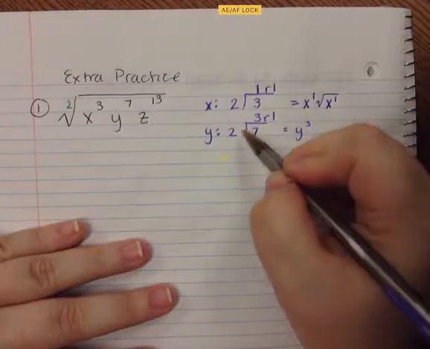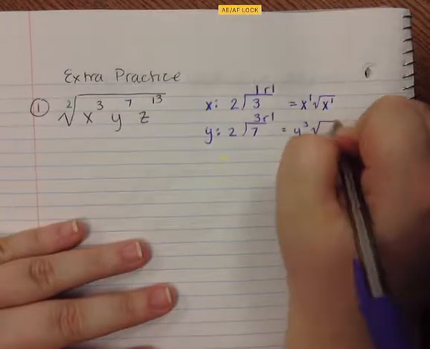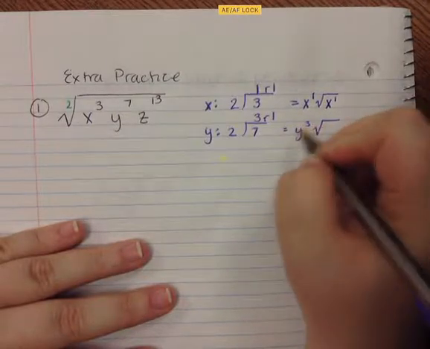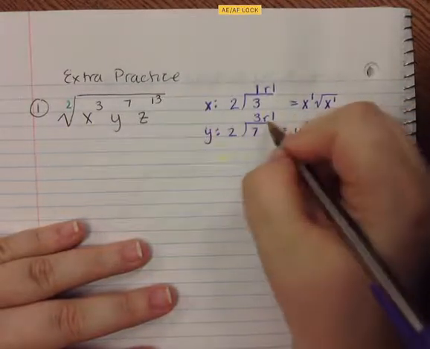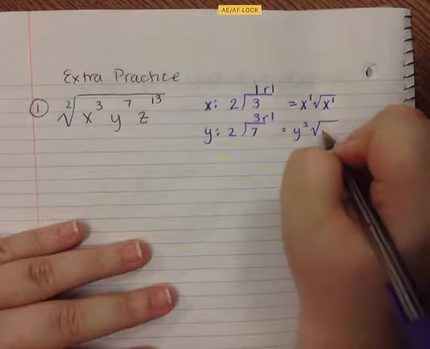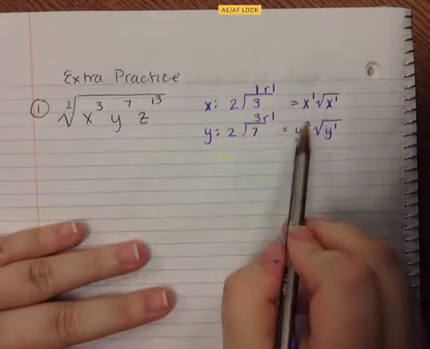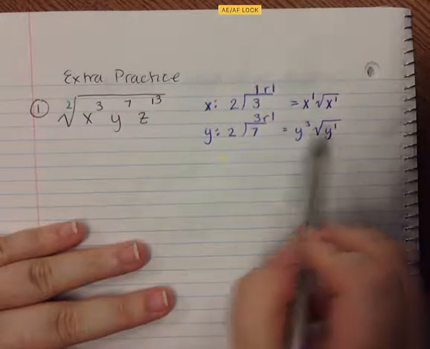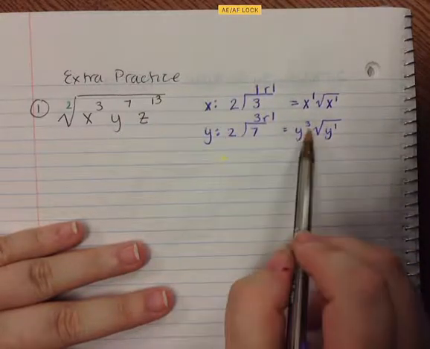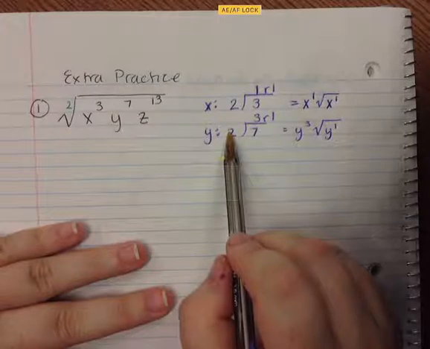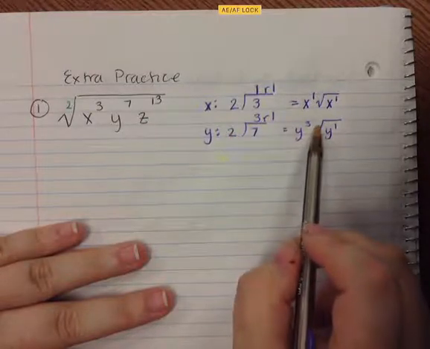Since we still have a remainder, we have to have our square root, with y raised to the first power in our radicand. Whatever number you divided by is still your index.